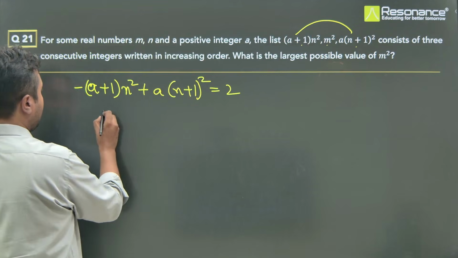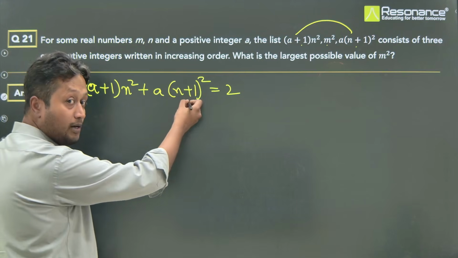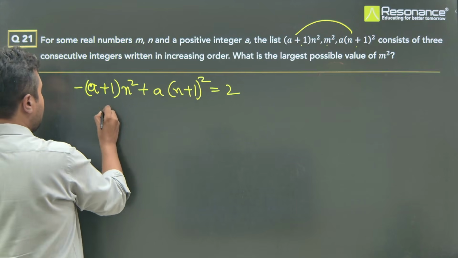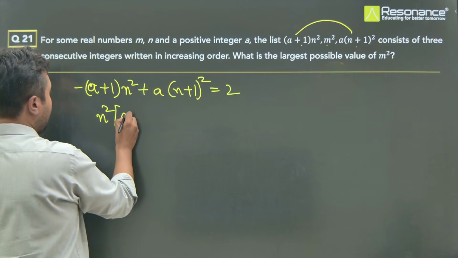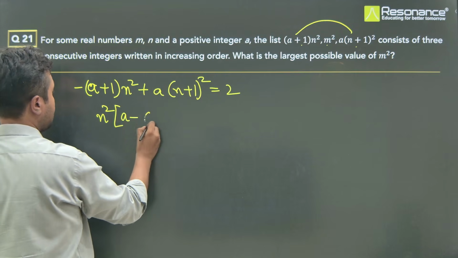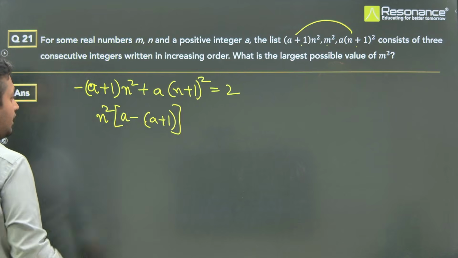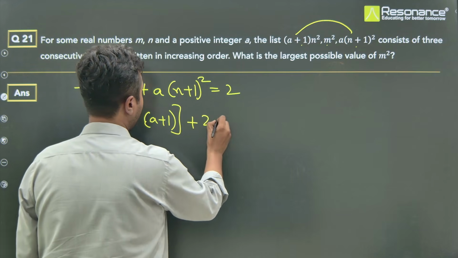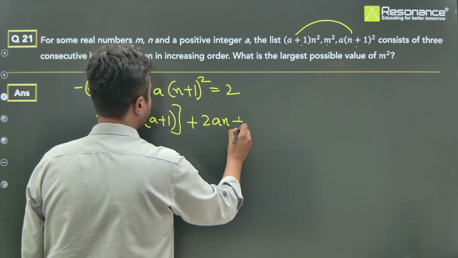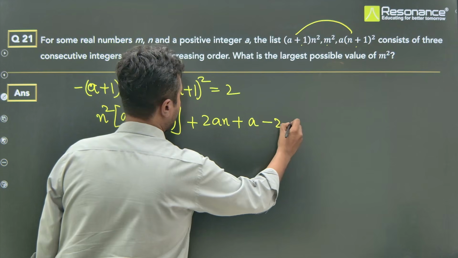Let's expand that out and we get, well, this piece is a(n^2 + 2n + 1). So let's group n^2 terms. I see it as a over here and then minus (a + 1) coming from this piece over here. And next we are left with 2an + a - 2 is equal to 0.